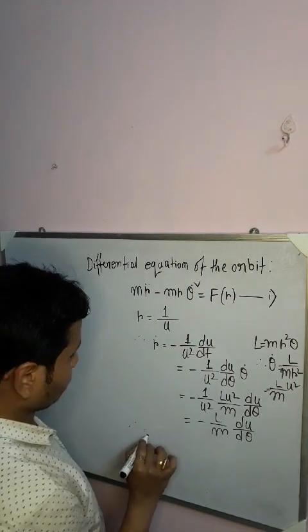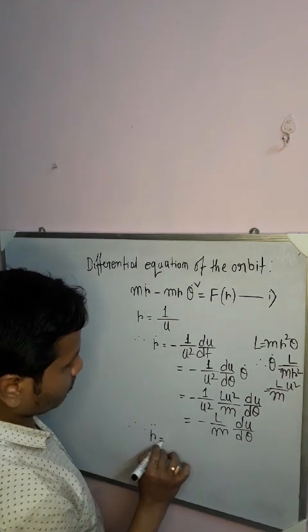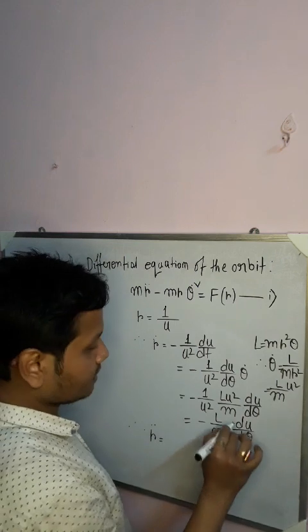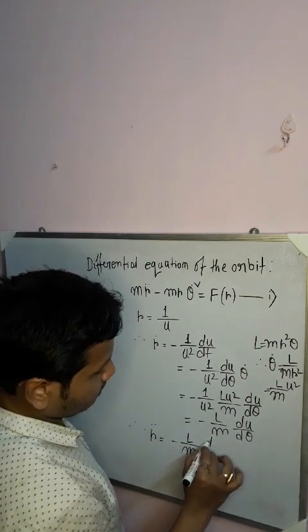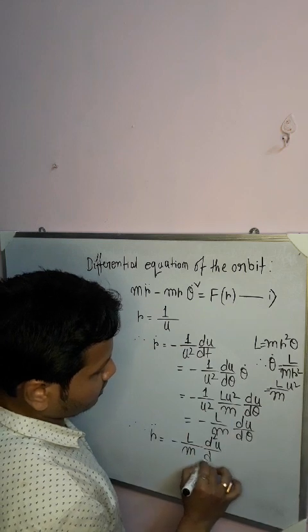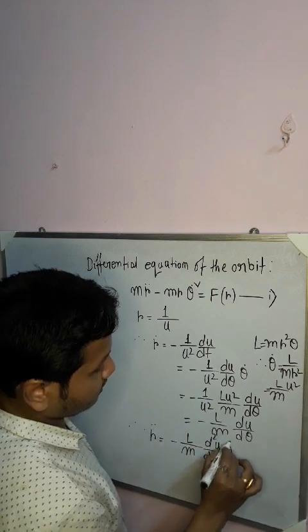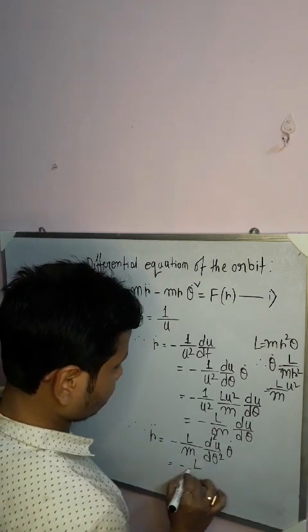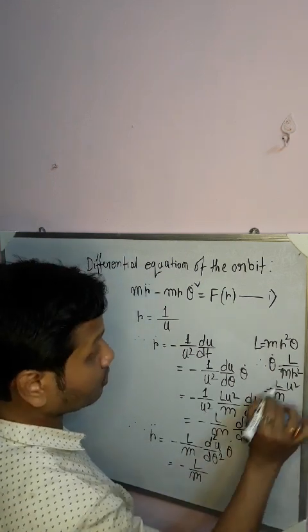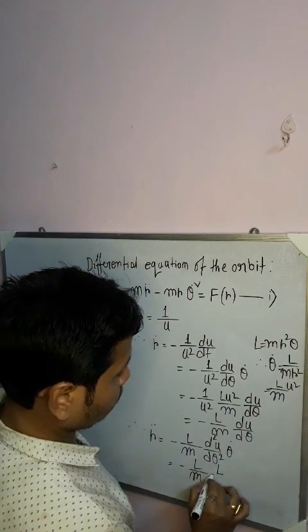Okay, now what will be the value of r double dot? That means we have to differentiate this expression with respect to t. So minus L by m, we do it in terms of theta and take another theta dot. Okay, so this is simply minus L by m. What is theta dot? L by m into u square.